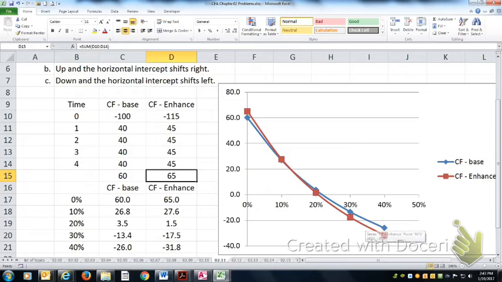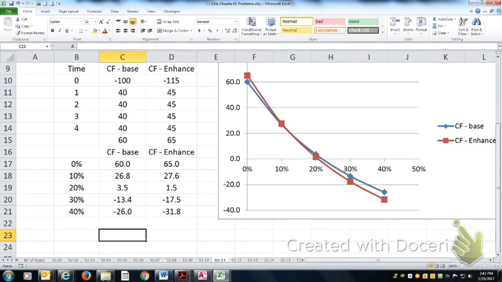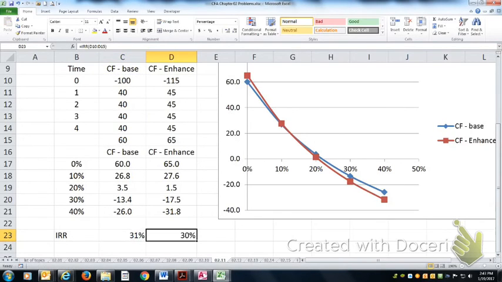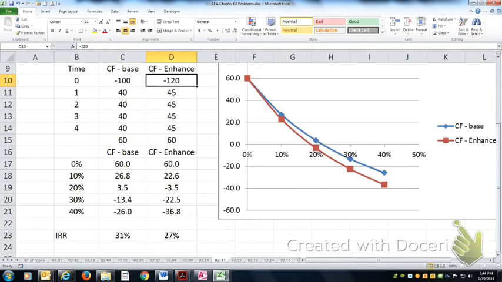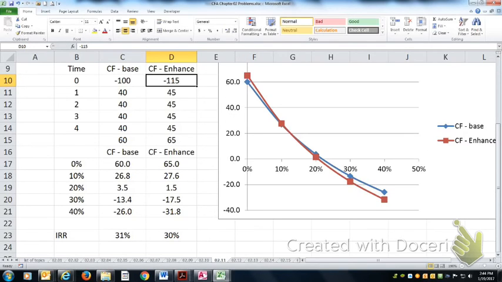And it's shifting over here to the left because the IRRs of these two are different. If I calculate the IRRs for both of these, notice the IRRs are different.